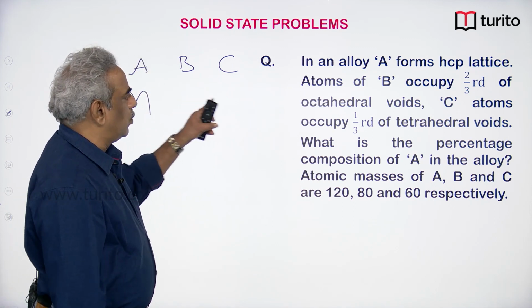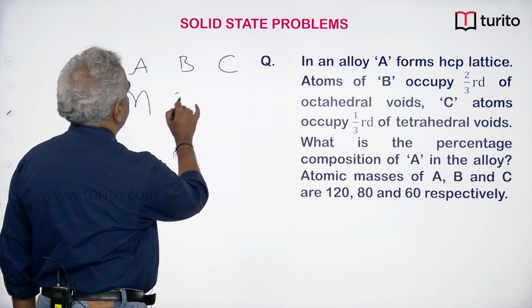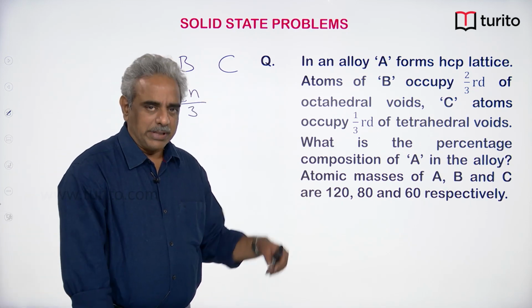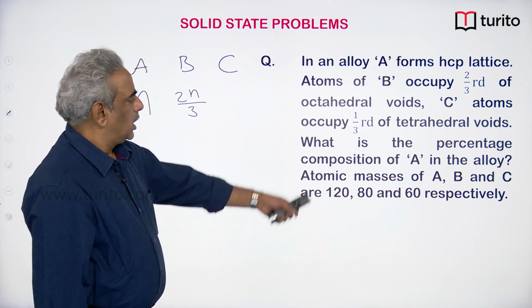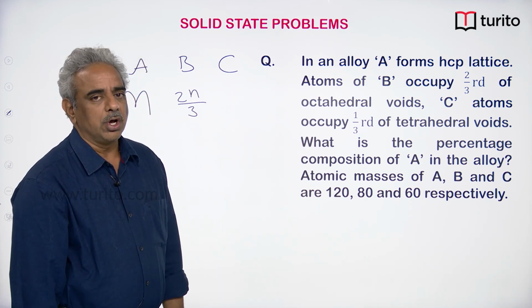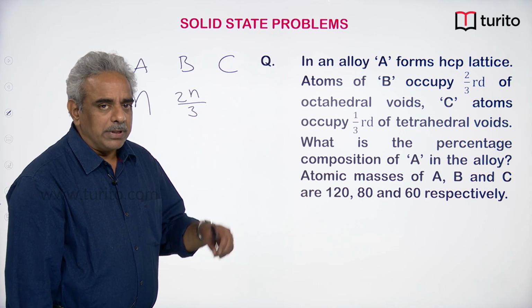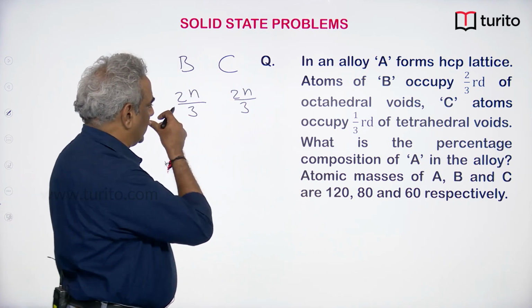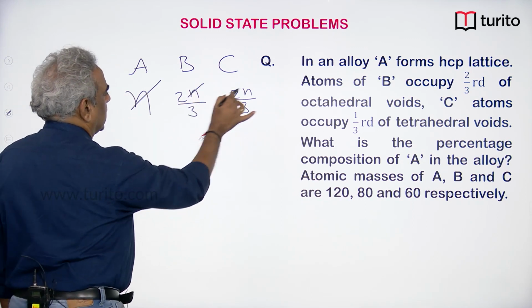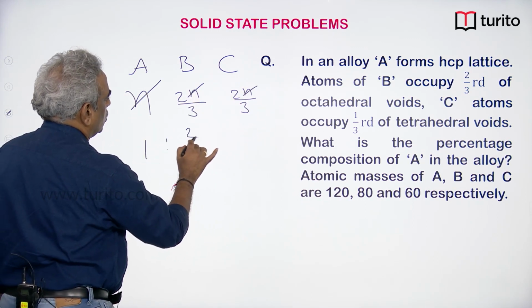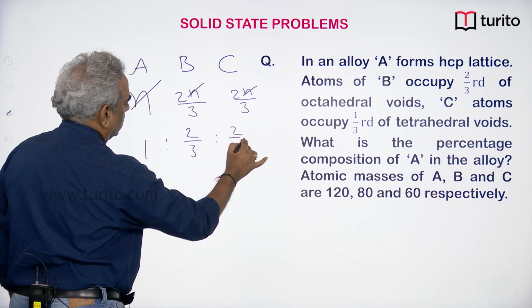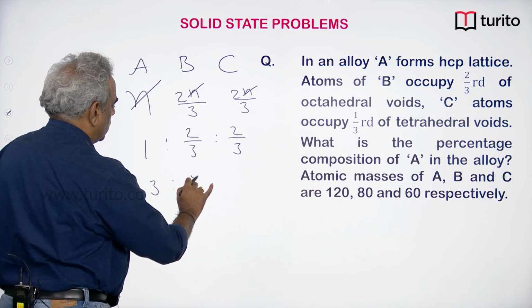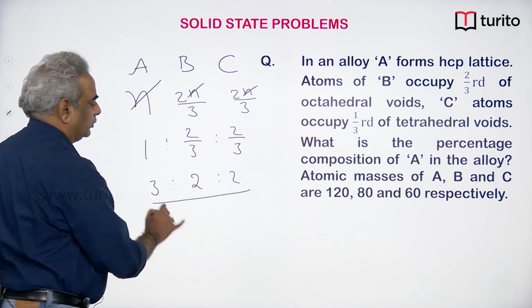Out of n, only 2/3 are occupied, so 2n by 3. And how many tetrahedral voids will be there? 2n tetrahedral voids, and 1/3 of them are occupied, so again 2n by 3. If you take the ratio, n gets cancelled: 1 is to 2 by 3 is to 2 by 3, and if I multiply by 3 I will get 3 is to 2 is to 2.